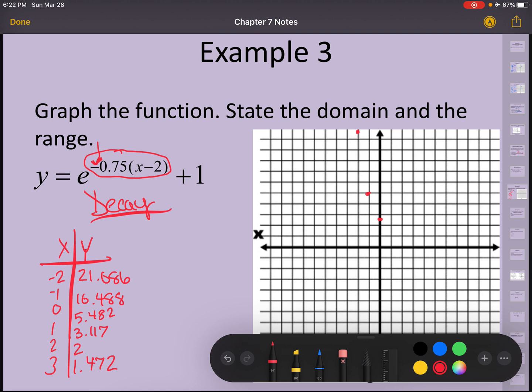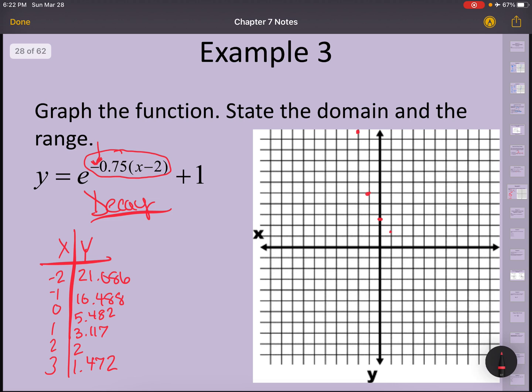Then, at 1 it was 3. At 2 it was 2. At 3 it was almost 1.5. And it's getting very, very close to 1. So that was our asymptote. Okay, so the asymptote is 1.